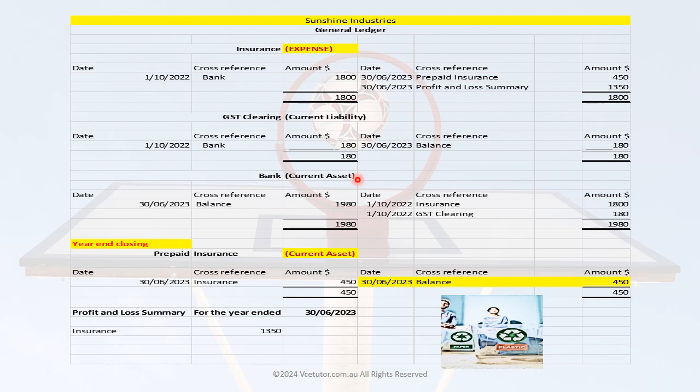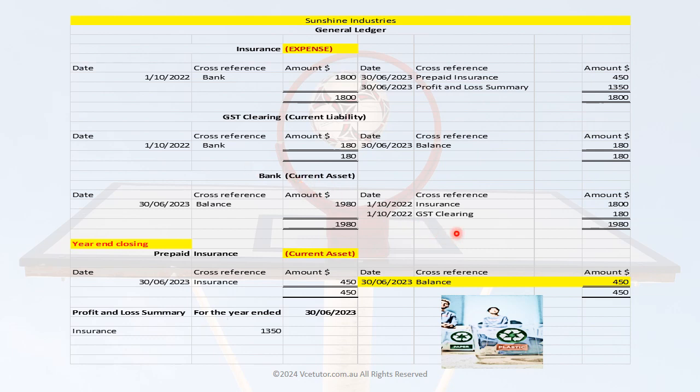That way the debit total, credit total of insurance is equal, no balance is carried over because it is an expense account. Expense account, income account should be close to zero. So profit and loss account will have 1,350. You can see that in profit and loss for the year ended 30th June 2023, insurance will be 1,350 and not 1,800.